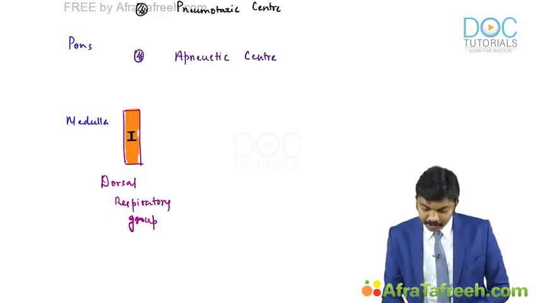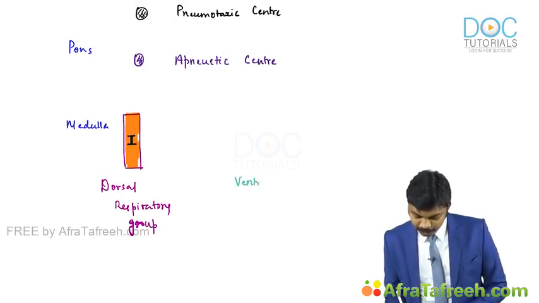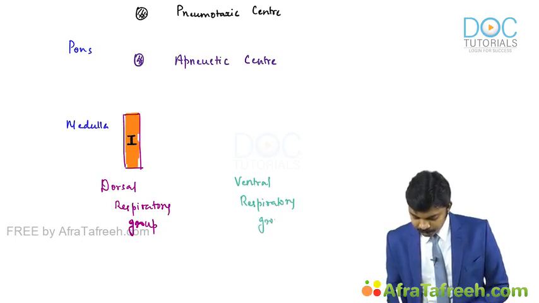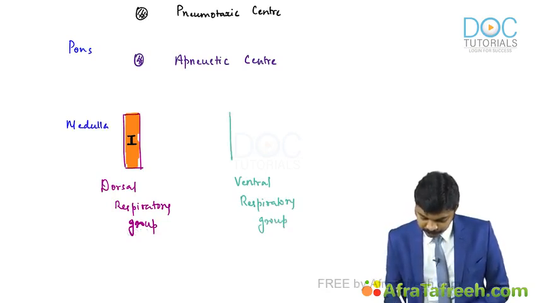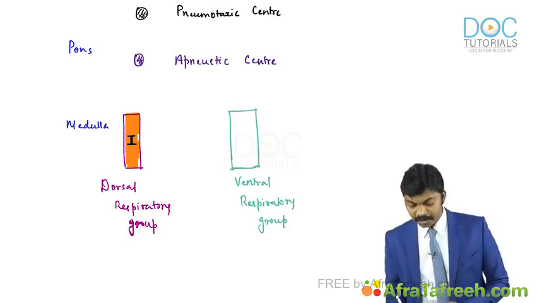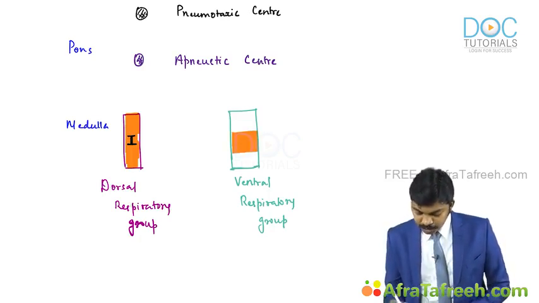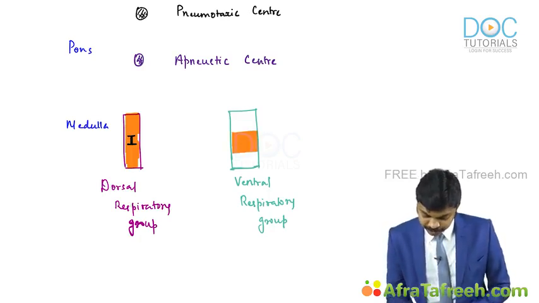We do have a similar group of nuclei in the medulla, and that is called the ventral respiratory group. Now, the ventral respiratory group of nuclei is quite peculiar in that it has a region that is going to influence inspiration, just like the dorsal respiratory group.